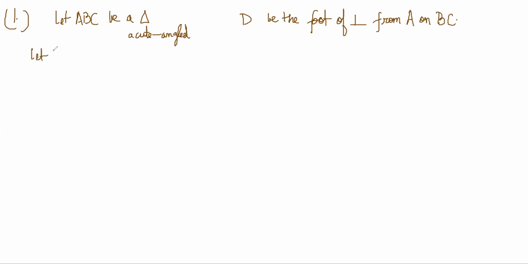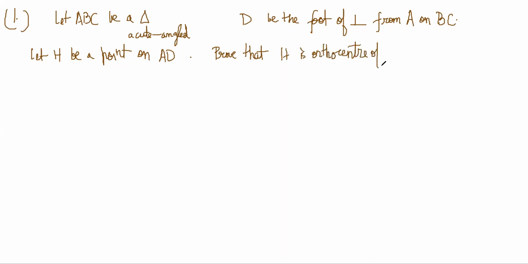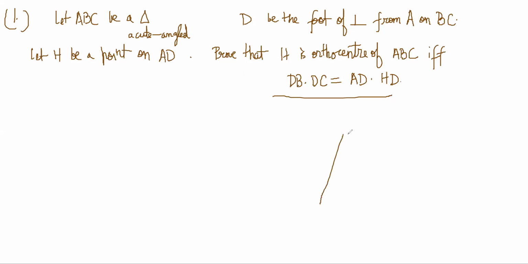Let H be a point on AD. Prove that H is the orthocenter of ABC if and only if DB into DC is equal to AD into HD. I think I have shown this before, but this is an important result that I want to revise.